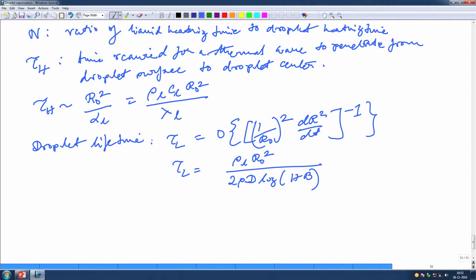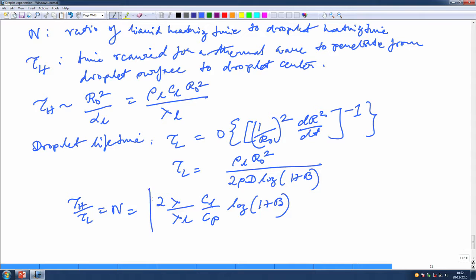Okay. So, if we take the ratio tau h by tau L, which is given as N, it is basically given by 2 lambda CL by Cp log 1 plus b. Okay. So, that is something that can be computed, right. So, that is the computation.